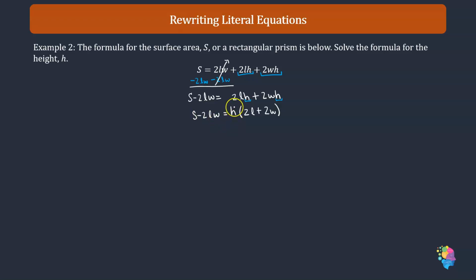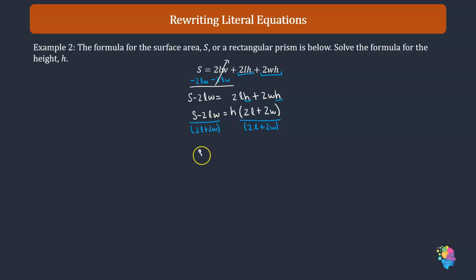Almost there. Now that we have a single h, we need to remove what is inside the parentheses. Well, this h outside the parentheses with no symbol in between means multiplication, so then the opposite will be to divide. So we're going to divide both sides by 2l plus 2w.